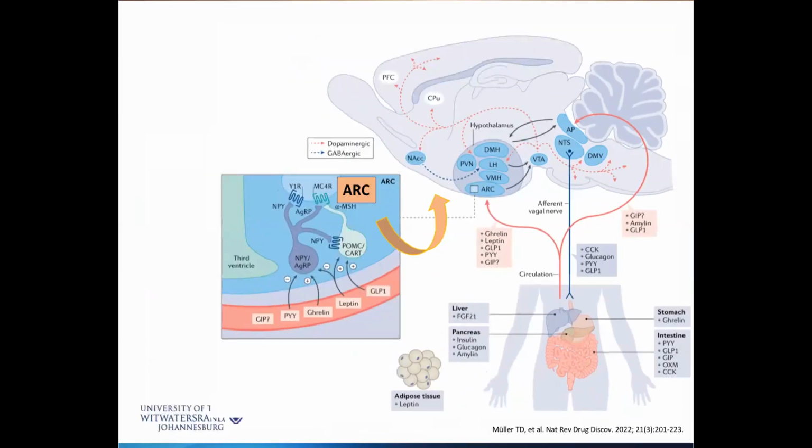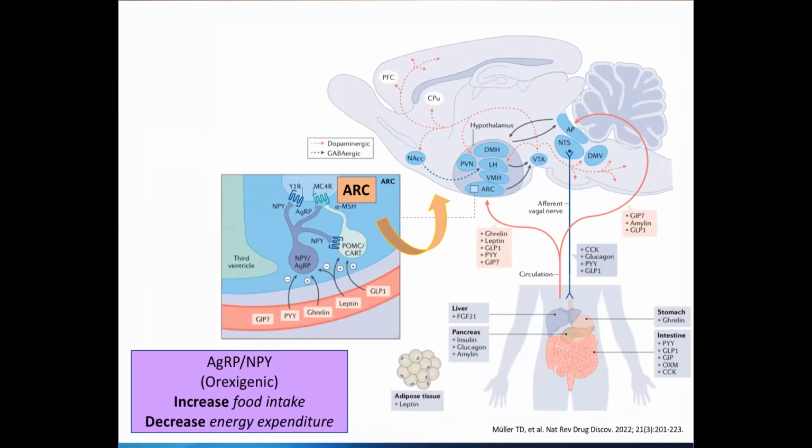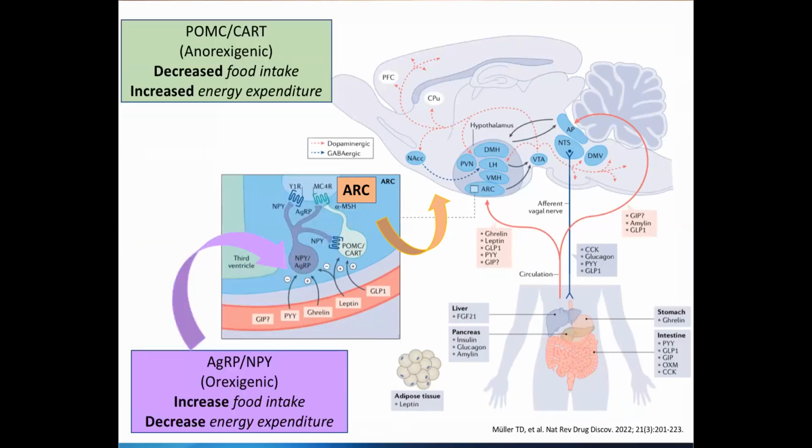So looking specifically at the arcuate nucleus, we've got AGRP and NPY, which is orexigenic, and this increases food intake and reduces energy expenditure. We've got POMC-CART, which is anorexigenic and decreases food intake and increases energy expenditure.